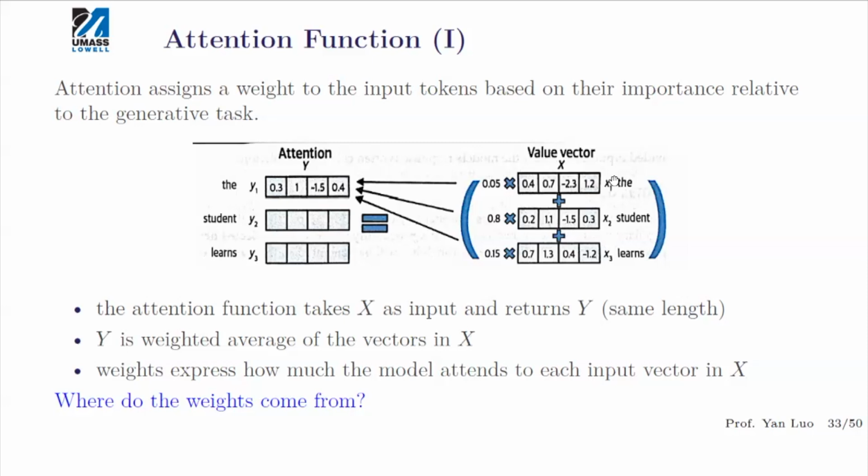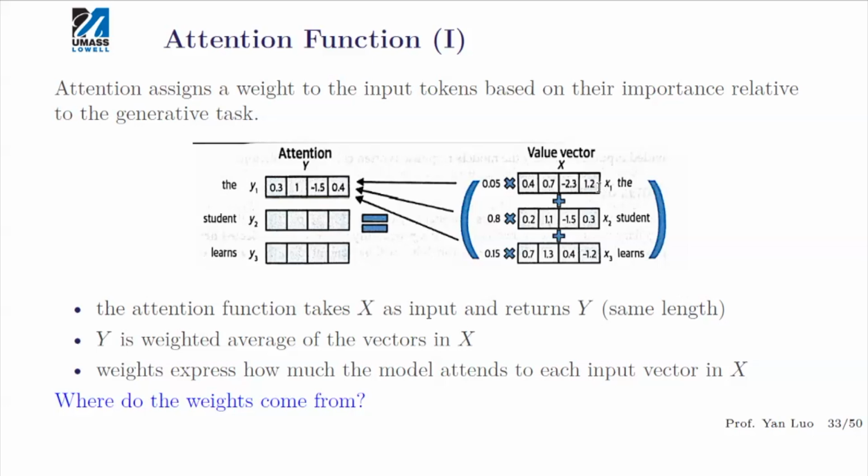We will use the values of these vectors and their weights. Of course, the weight comes from a different process. But let's say we know the weight for each of these vectors with respect to this token.